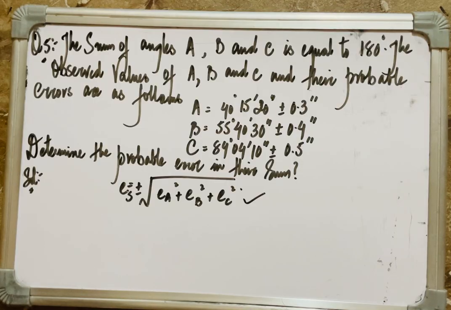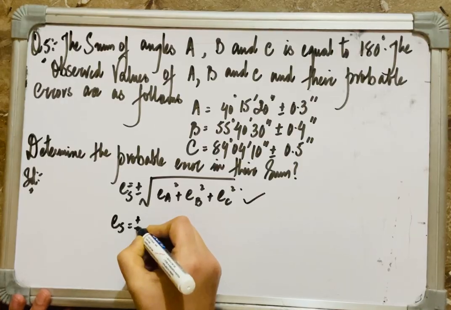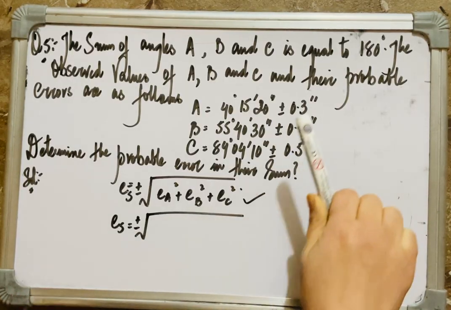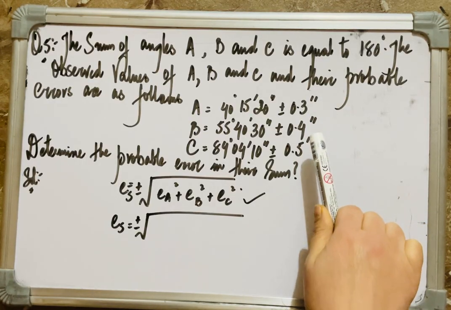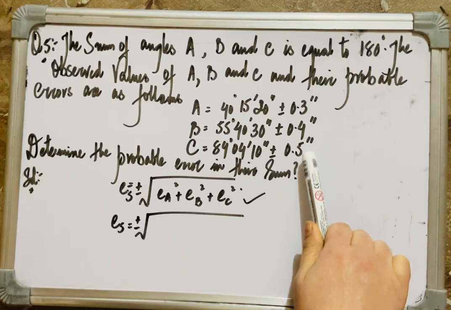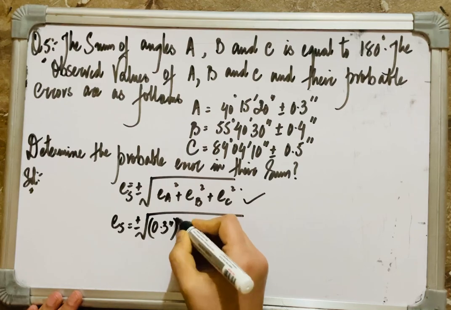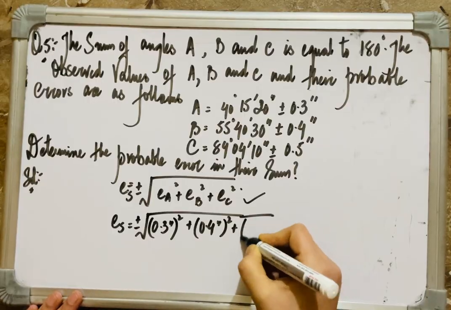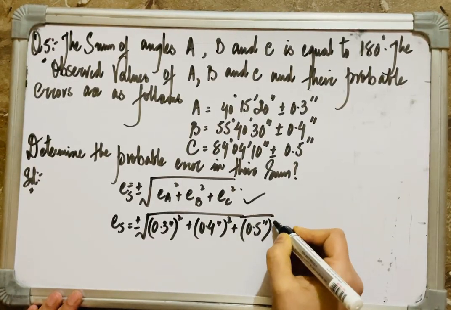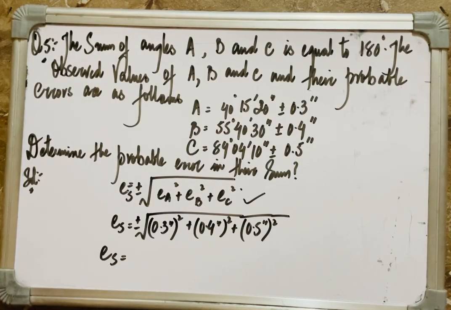So my probable error will be plus minus square root of the square of the probable error in A plus the square of the probable error in B plus the square of the probable error in C. That is 0.3 seconds squared plus 0.4 seconds squared plus 0.5 seconds squared. All right, by calculations, the probable error in the sum is equal to how much?